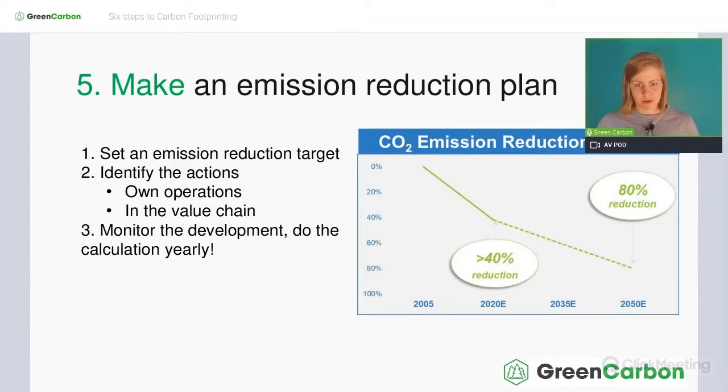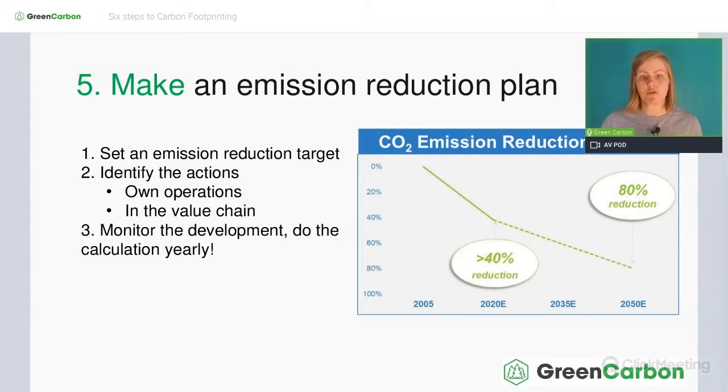And now you have the result, so let's make an emission reduction plan. First of all, you set the target, and here is one example of what a target could look like. Then you identify the actions in your own operations, but also in the value chain.